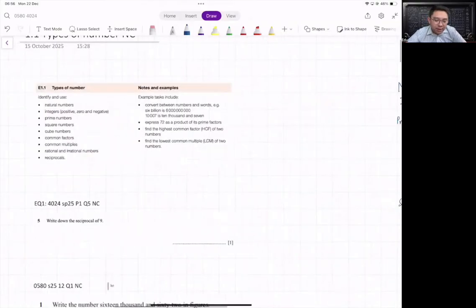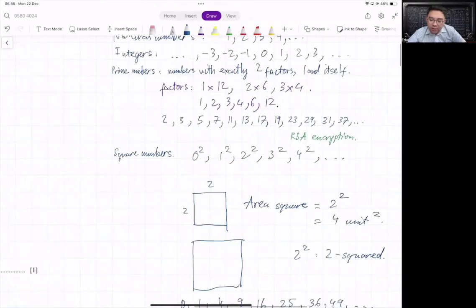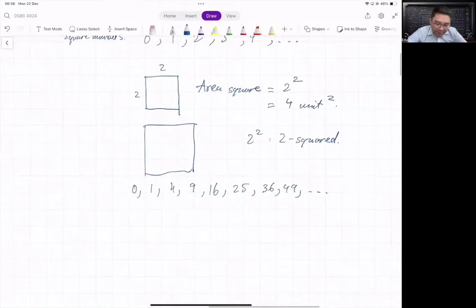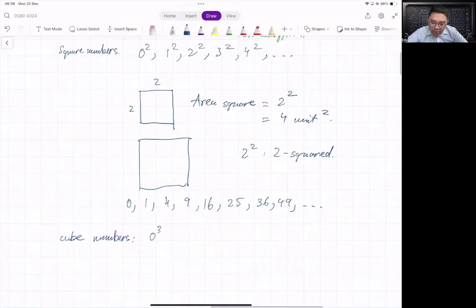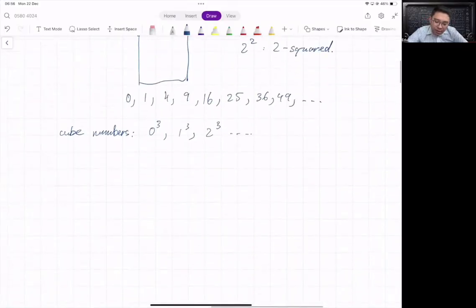Okay, next up is cube numbers. It's a very similar concept. It's going to be 0 to the power 3, 1 to the power 3, 2 to the power 3, and so on and so forth. So what are they? Let's say a 3 here, and then you draw a cube.